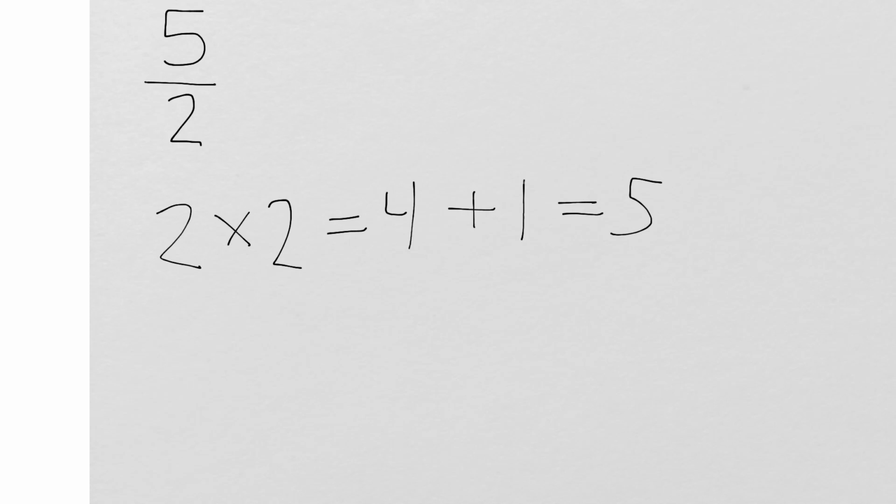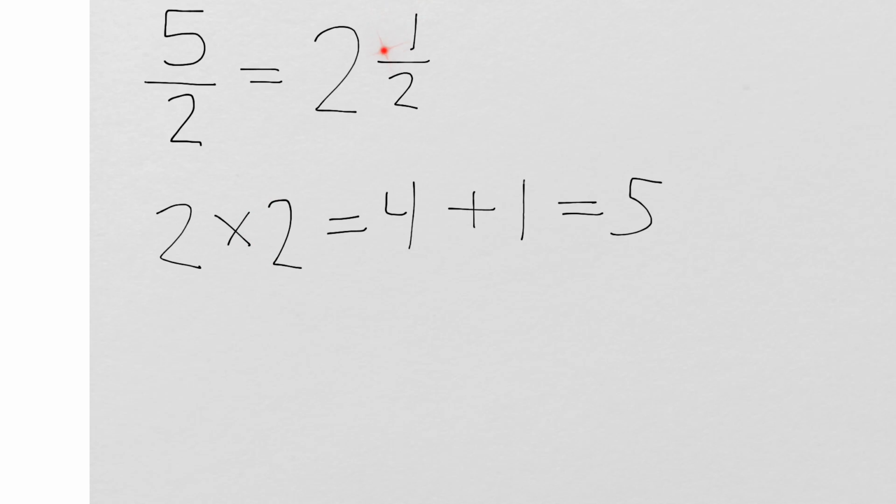Now we have every piece that we need in order to make a mixed number. Our mixed number becomes 2 and 1/2. Now where did I get these pieces from? My whole number is the number that I multiplied by.